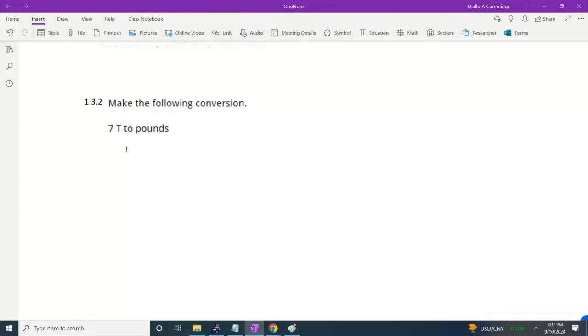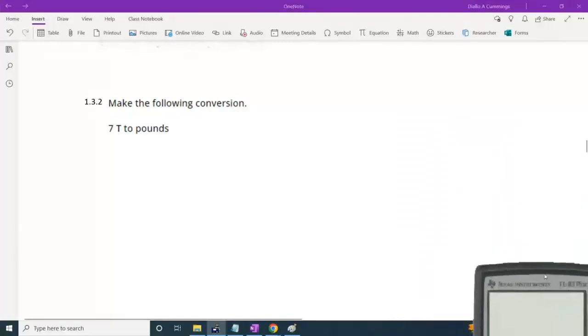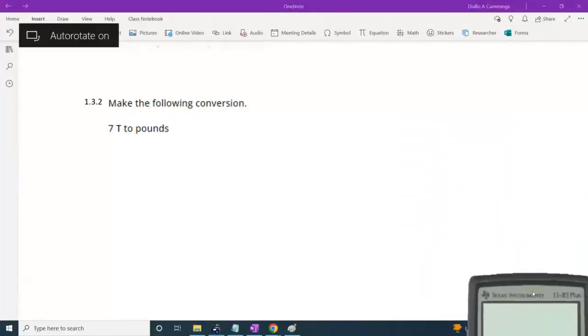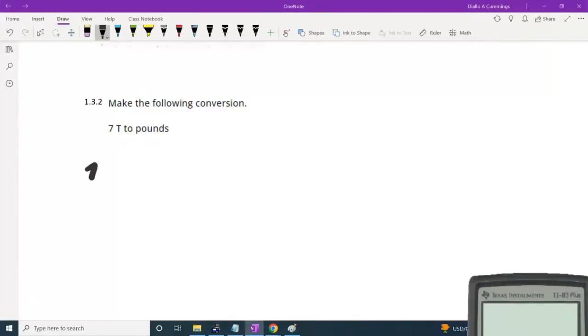All right, so we have 7 tons, and I'm going to make a unit fraction.